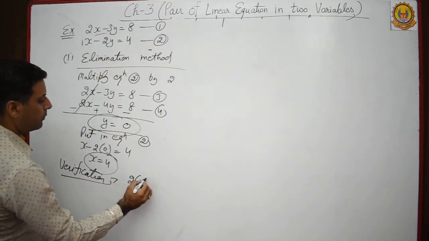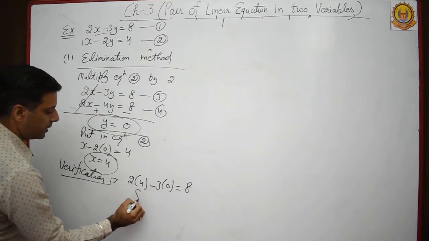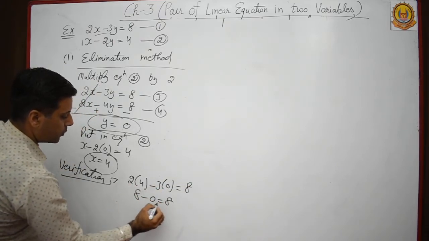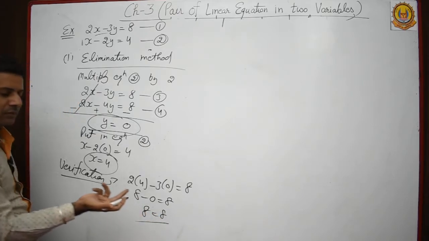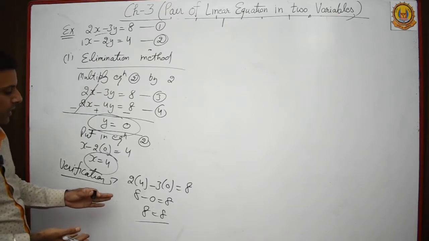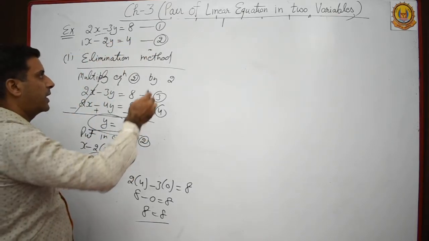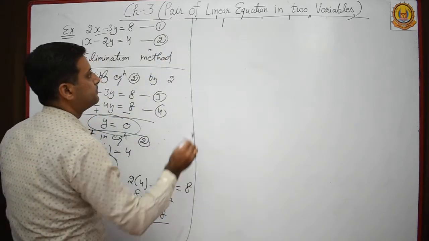So 2 into 4 minus 3 into 0 is equal to 8. 2 fours are 8, 3 zeros are 0, so 8 equal to 8. So left hand side is equal to right hand side, so it means it is verified. Similarly you can check by putting the values in equation number 2. Both right and left side will be the same.